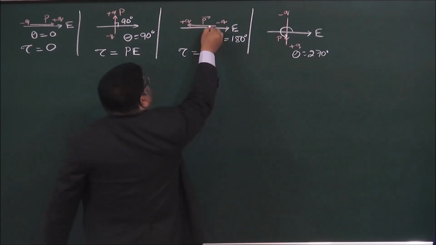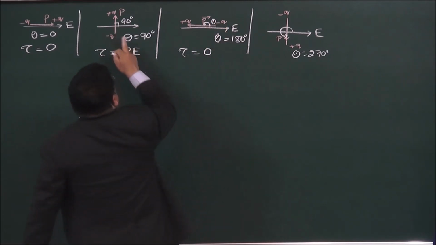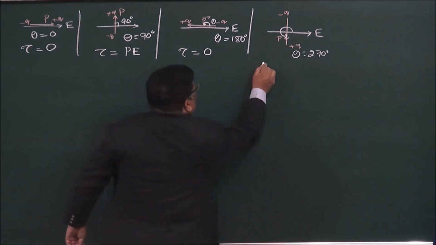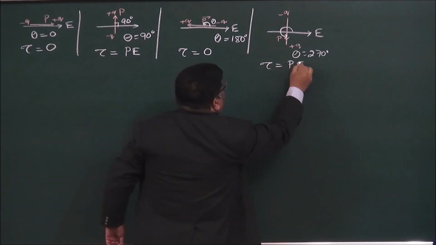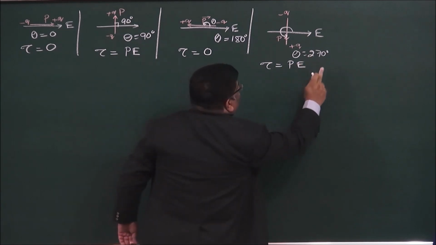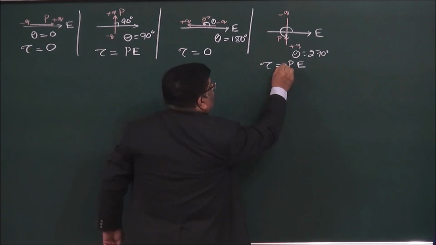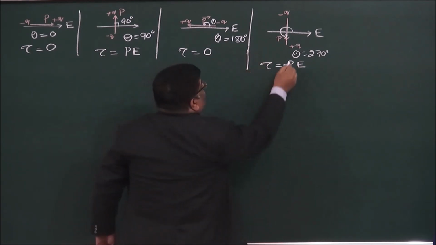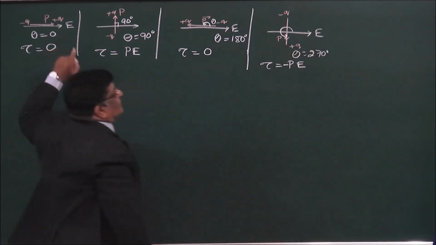Here it had turned to theta equal to 180, here it was 90. Now it has turned to 270. So torque is equal to, again, P into E into sine 270, which is equal to minus 1. So this will be negative. So this is the torque in this condition, and the next condition will be the first condition again.